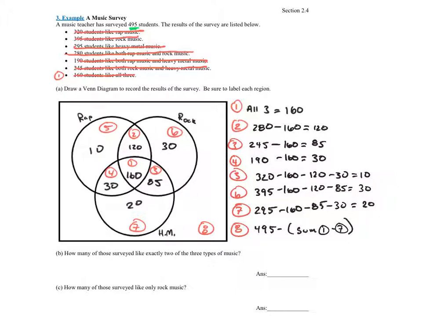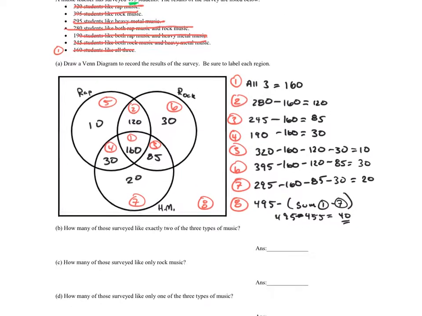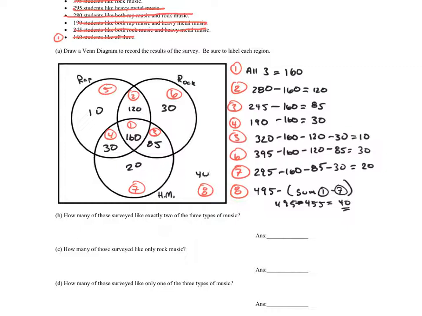So go ahead and add regions 1 through 7. What I'm getting here is an amount of 455 people. So if I do 495 minus 455, I'm getting 40 people left over for Region 8.